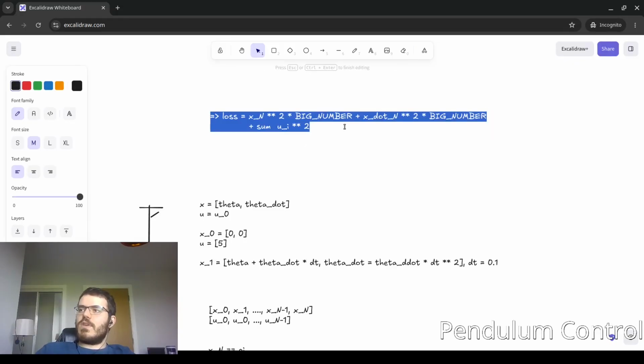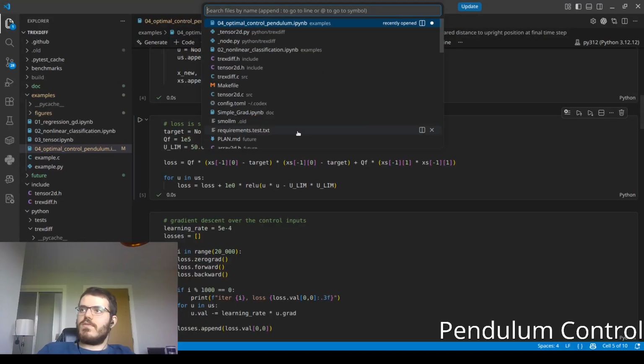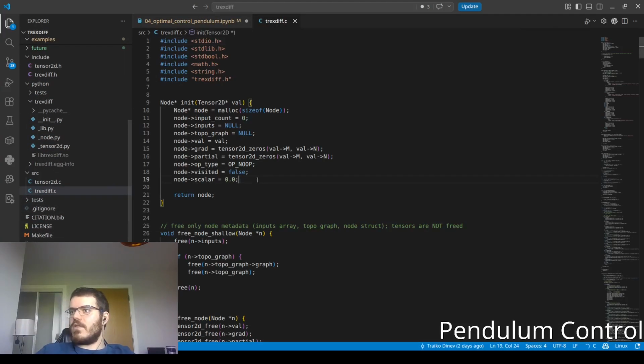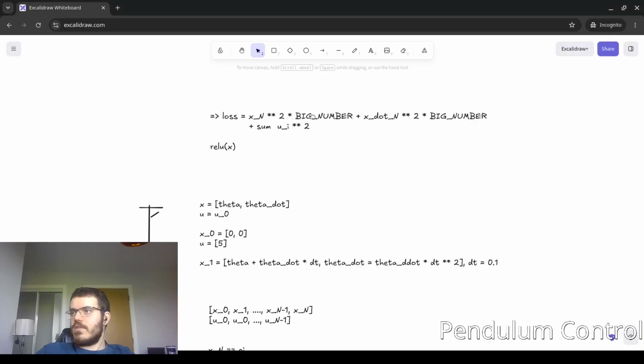Because it's a ReLU, I'll actually show you the ReLU definition in here. Tensor, maybe not, maybe I have it in, okay, here, so there's the ReLU. If it's less than 0, it's 0, and if it's not less than 0, then it's the number. That's the definition.